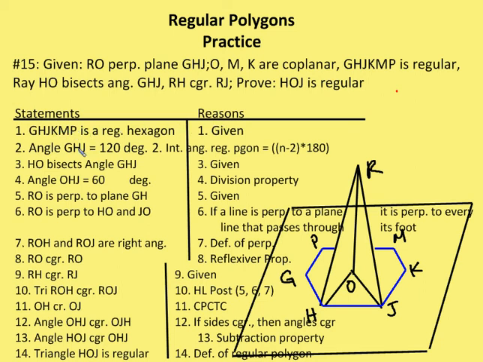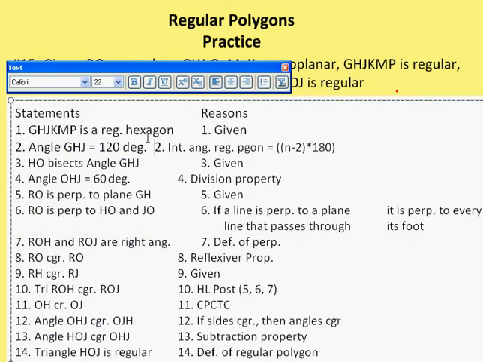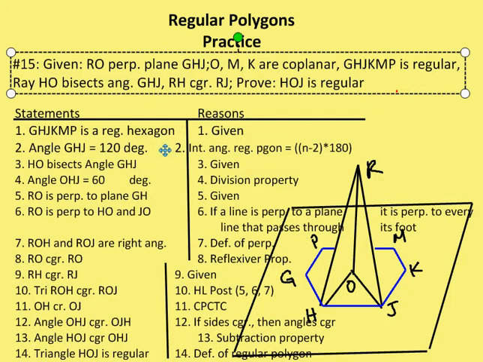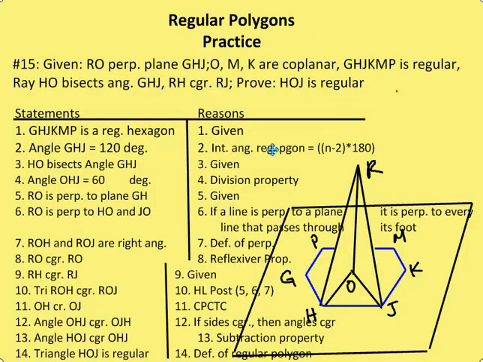That was given. I know that angle GHJ is 120 degrees, and I know that because in a regular hexagon, or any hexagon, the sum of the measures of the interior angles is equal to 720 degrees, or n minus 2 times 180. And I know that there are 6 angles which are all congruent in the hexagon.